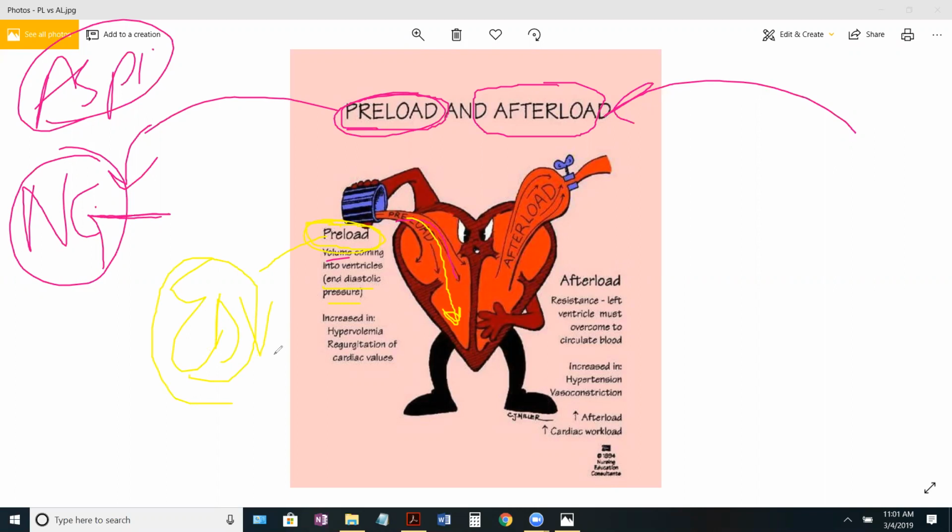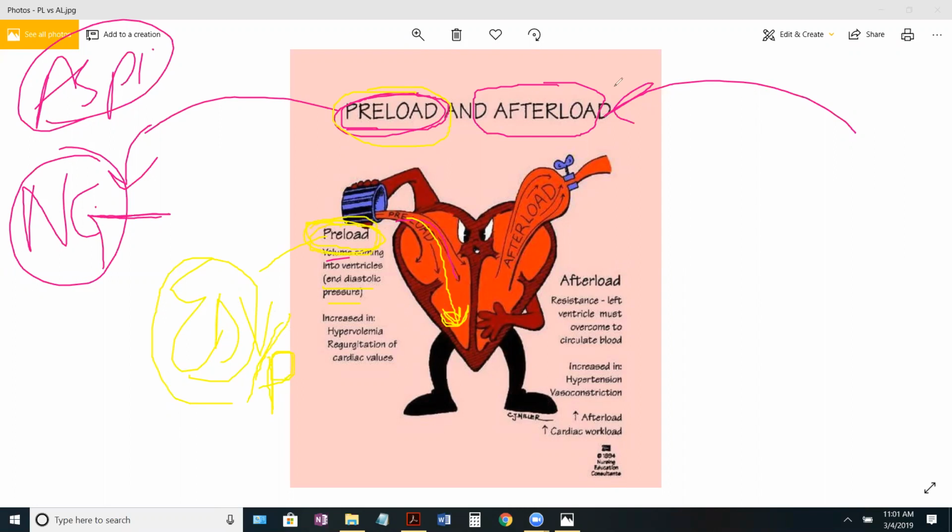This is the volume that enters the heart during the filling phase, and the filling phase is the diastole.